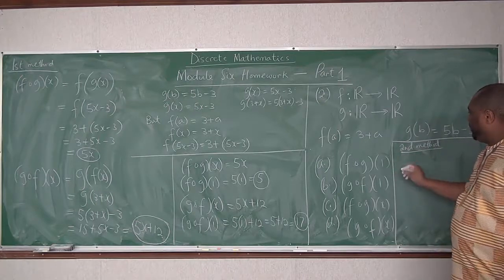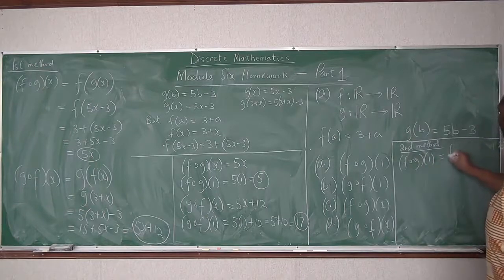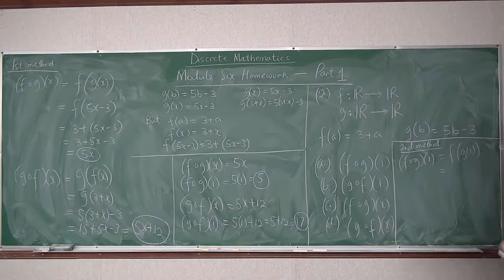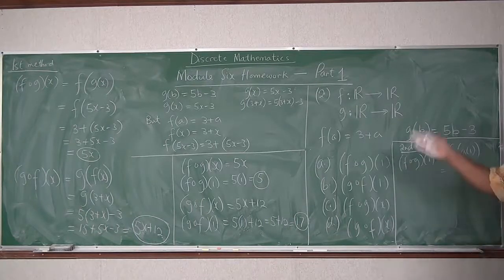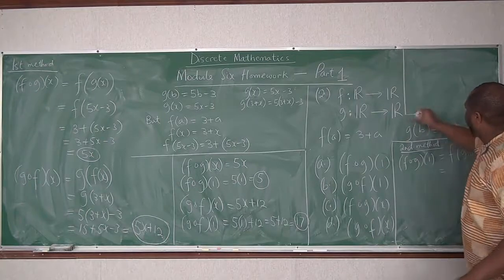If I have fog of 1, this means f of g of 1. That is what it means. And if you say it's the same thing but written differently, that's fine. But in this case, I'll first find g of 1, and then I'll find f of that.